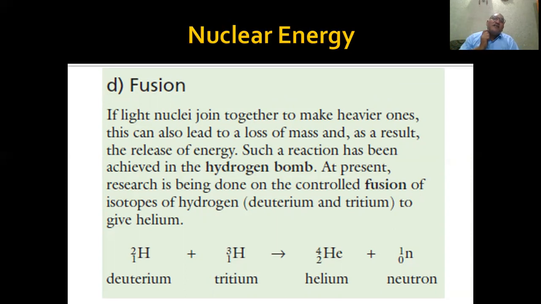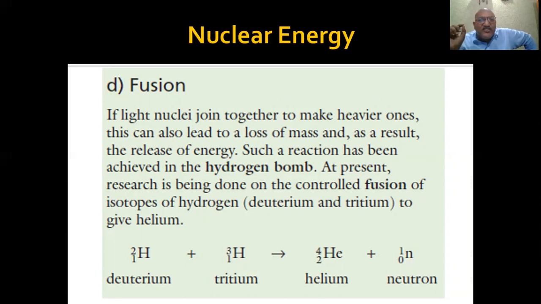For example, if we have hydrogen and hydrogen nuclei, when they fuse with each other, we have a smaller hydrogen nucleus, we have another smaller hydrogen nucleus. They come close, they fuse, they make a larger nucleus, they make helium. This is called fusion. And this is happening on the sun, this is happening on the stars. This fusion reaction is the source of energy on the stars and on the suns.